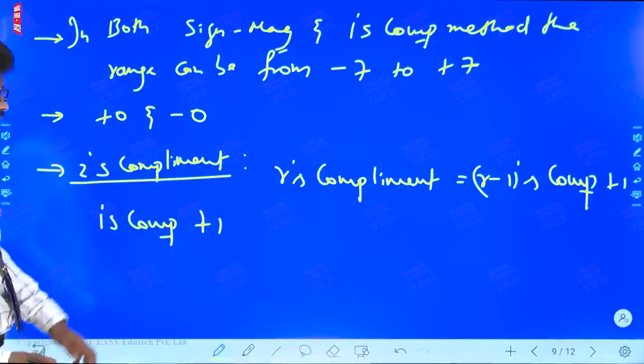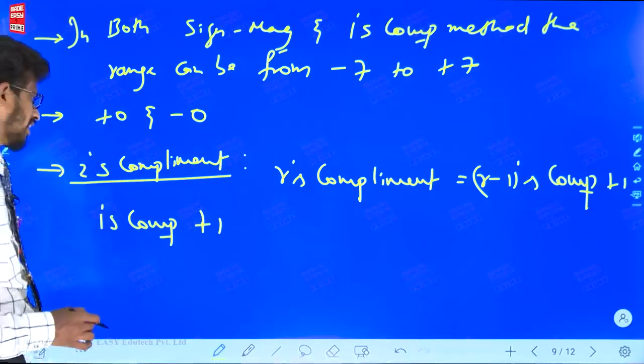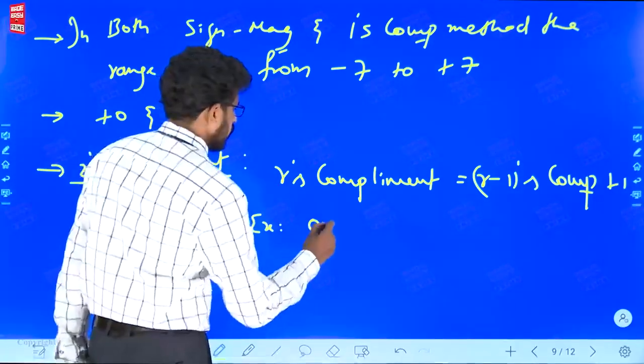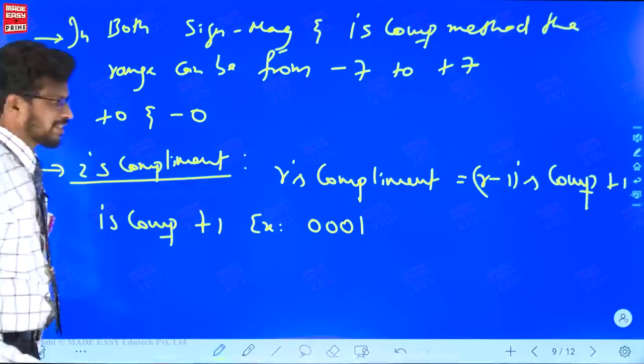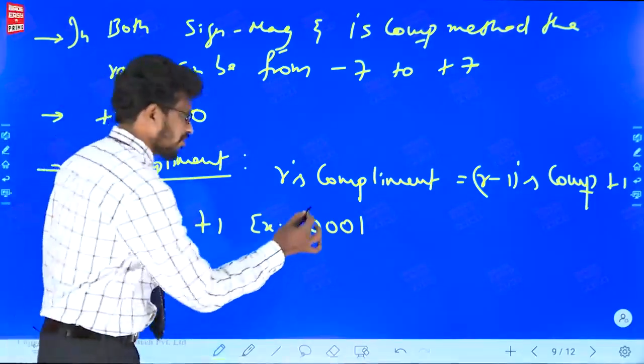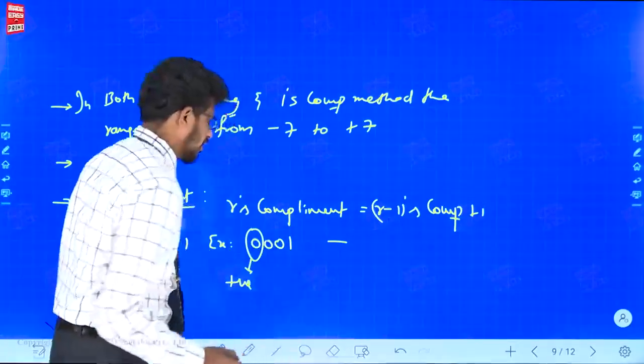So if I want to find the negative values in 2's complement, what is the technique now? Very simple. Let me take the example 0001. Tell me, is it a positive value or negative value? 0 indicates what? Positive. And this is the data.